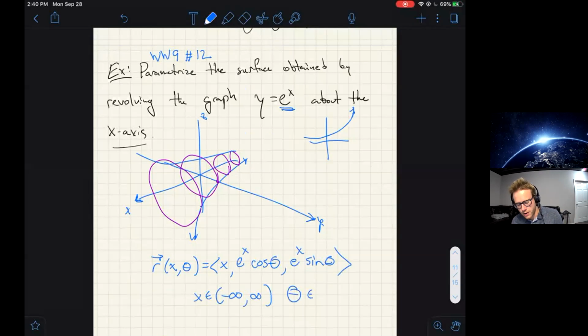You don't need to allow this to go on forever. And of course, computer programs and software would prefer if you didn't let it go on forever. And so you get the entire picture after 0 to 2 pi. So this is kind of the minimum values that you need in order to sketch the entire thing. All right, so this is the good parameterization for this.